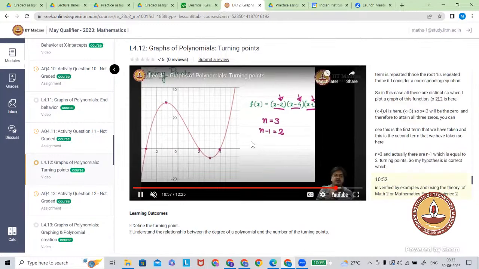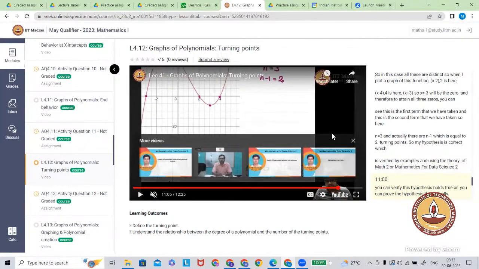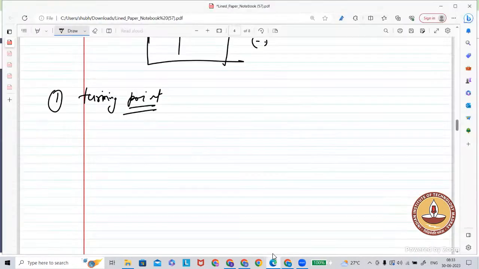Once you study calculus, there is no need to remember everything; it will be clear once you know the turning point.